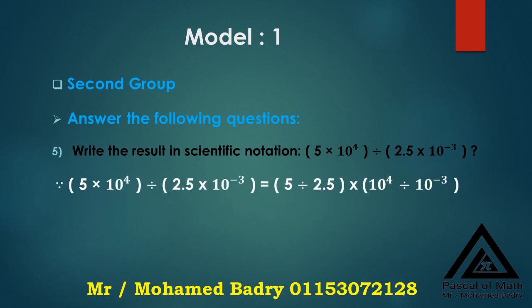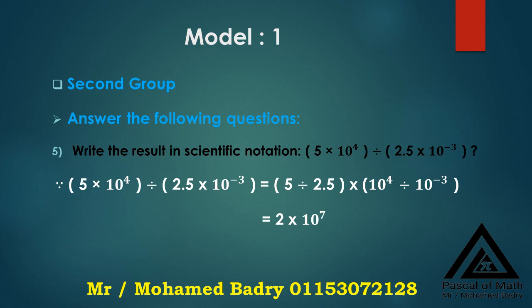Step by step, first 5 divided by 2.5, times 10 power 4 divided by 10 power negative 3. Now 5 divided by 2.5 equals 2, times 10 power 4 divided by 10 power negative 3.